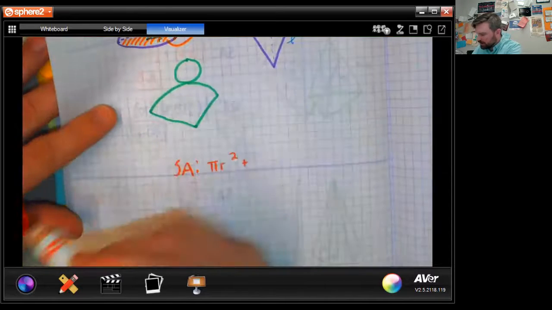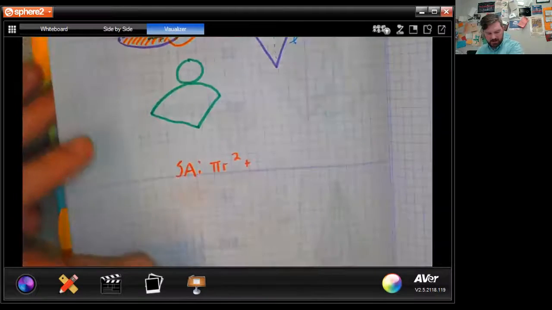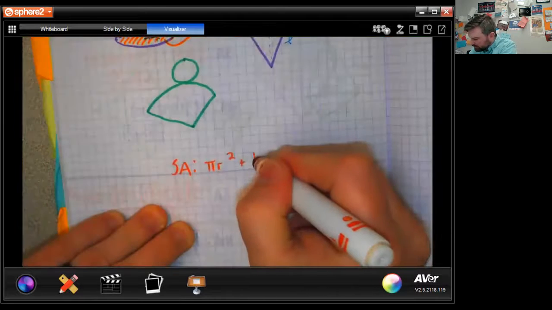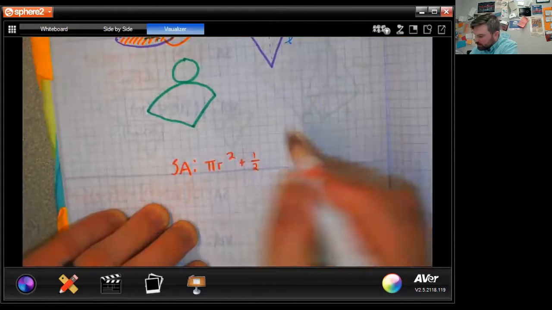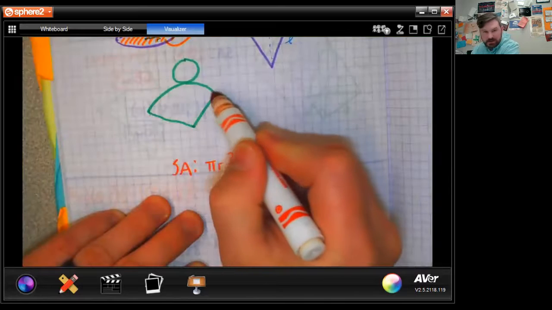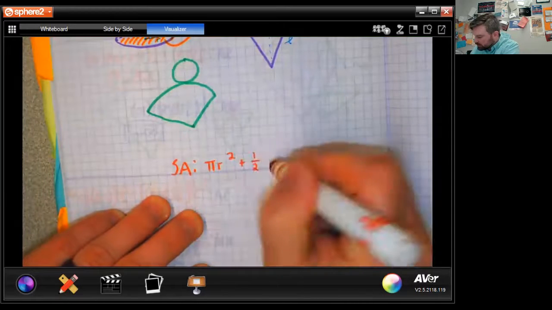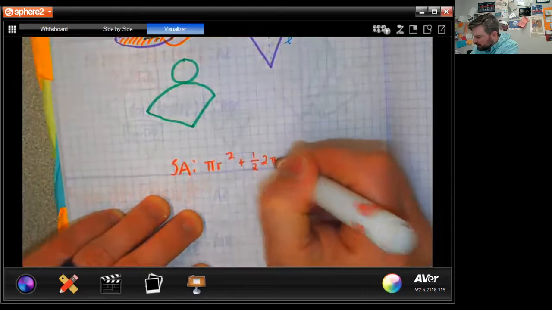Okay. Now, actually, we can go back and we can say that we have 1/2. Okay. The perimeter of this thing is actually the circumference of the circle, which is 2 pi r.